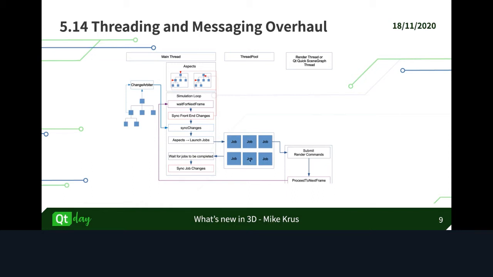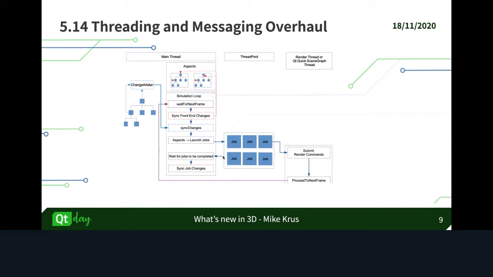And then we still have the jobs which run on the thread pool. And then we have another syncing step where the jobs can actually copy the data. Because they're running on the thread pool, it's not safe for them to access the main thread objects directly.